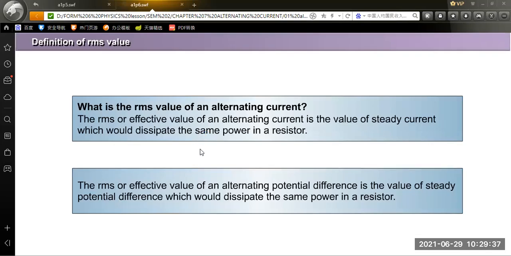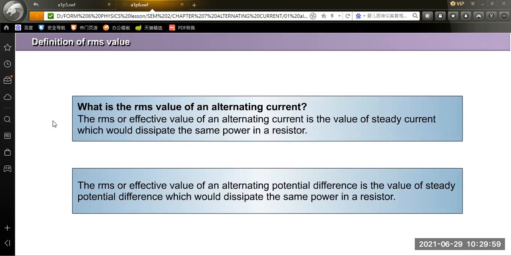Okay, next slide, the definition of the RMS value. What is meant by RMS? RMS means root mean square. So what is meant by root mean square value?